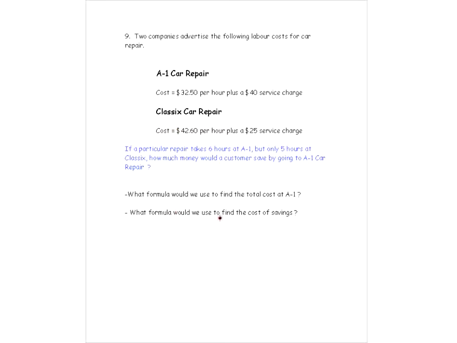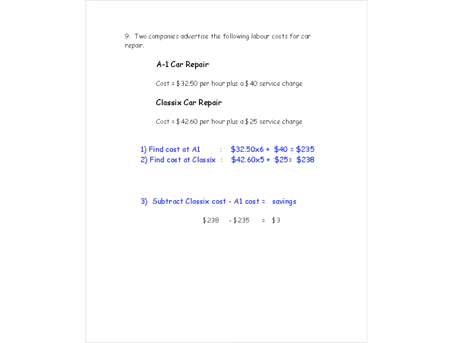And the next question says, what formula do we use to find the cost of savings? What do you guys think? Yeah, exactly. So we're going to subtract the more expensive amount, the larger dollar amount, minus the smaller amount. That's going to be the cost of savings. Yeah, totally, right? Okay, so we just kind of got that tucked away in our mind.